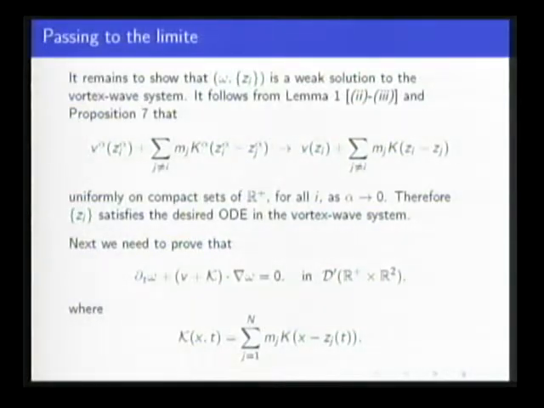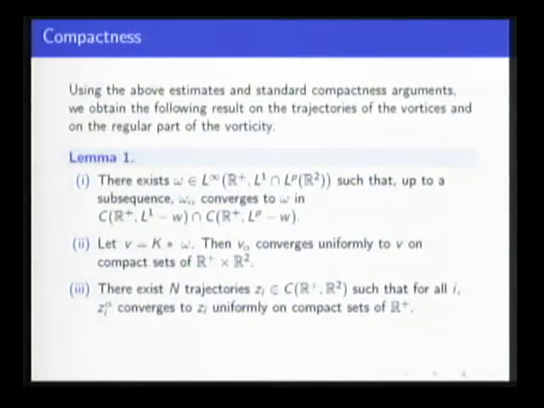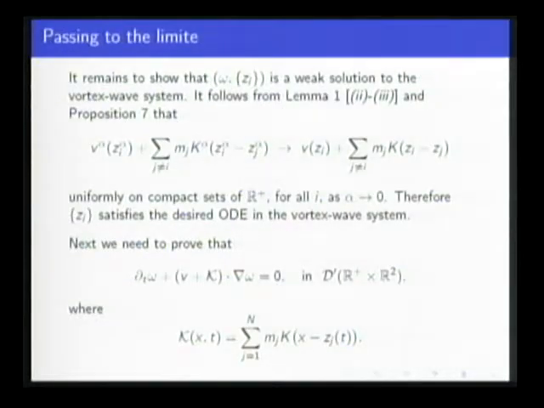So it remains to show that our weak limit is actually a solution of the vortex-wave system. The first part is very easy. So using items 2 and 3 from Lemma 1, we are able to show this uniform convergence of the velocities on compact sets as alpha tends to 0, and therefore we have that our vortex trajectory satisfies the desired ODE of the vortex-wave system.